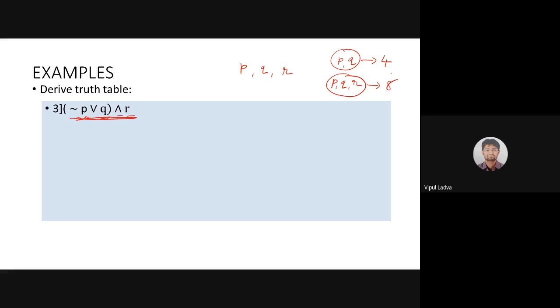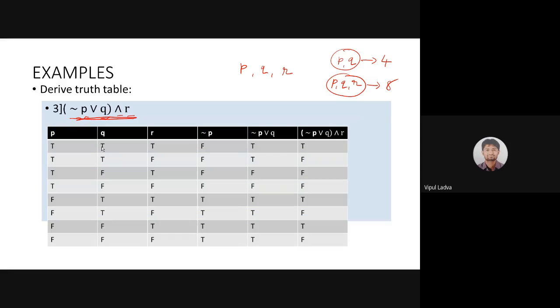We will have 8 different possibilities for the truth values of these 3 statements. So the length, the height of the truth table for negation of P, disjunction Q, conjunction with R, will be 8. Let me show you. It will be kind of easy.